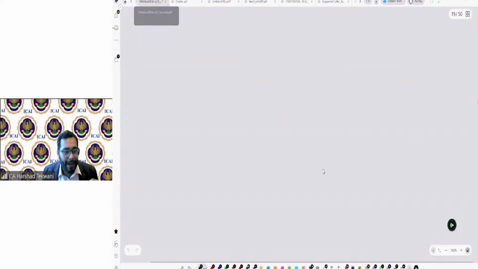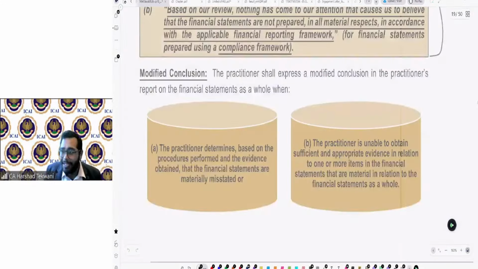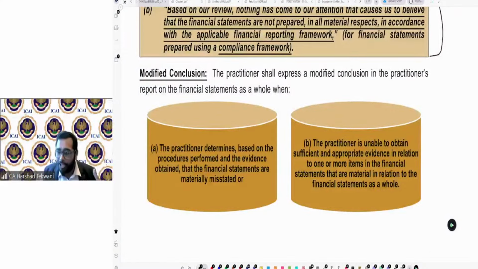So when I went and checked the manual adjustment by performing additional procedures, I am understanding whether the financial statements are materially misstated. I'm trying to obtain evidence based on the procedures I have performed.